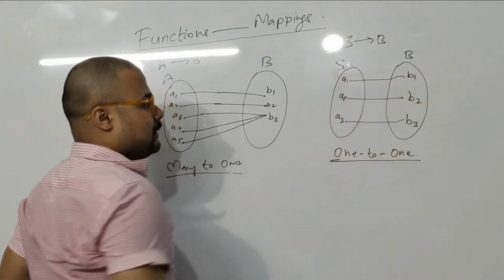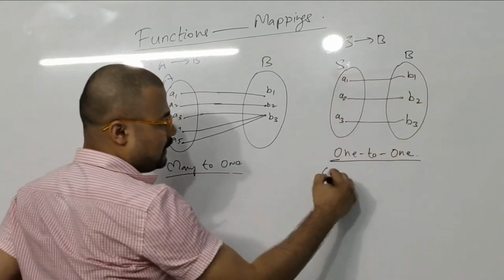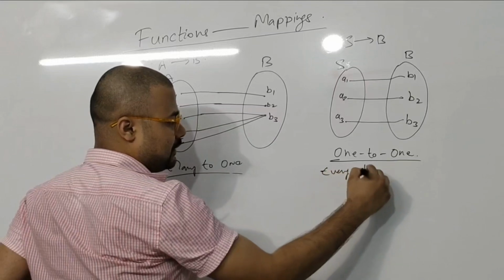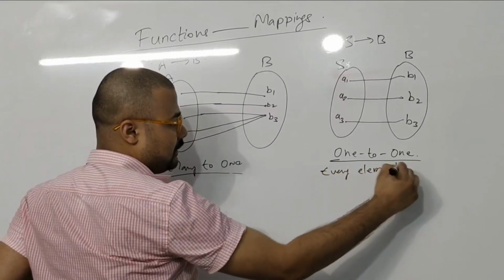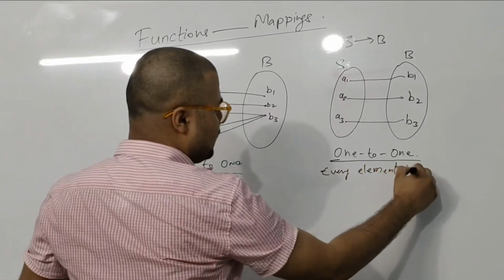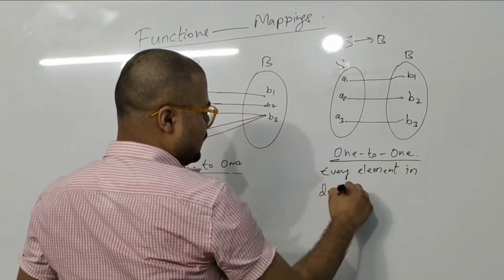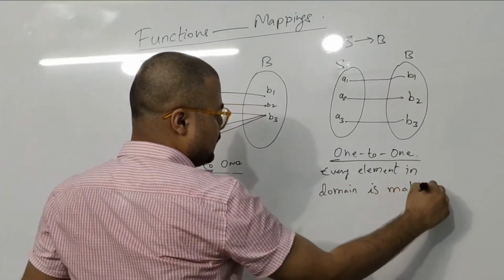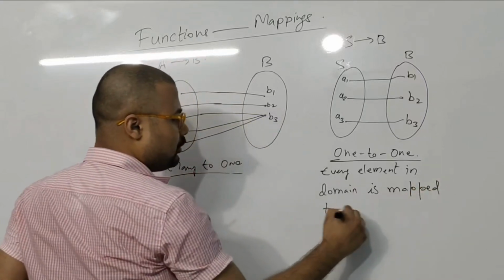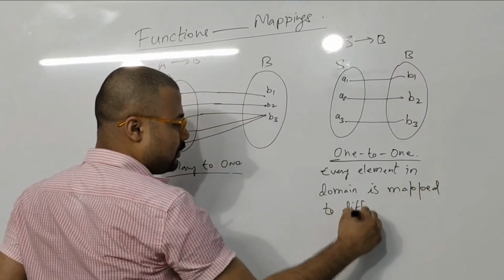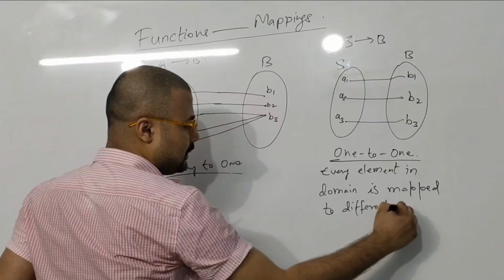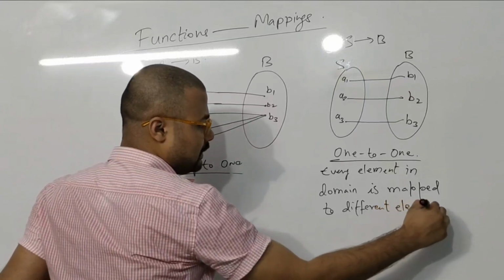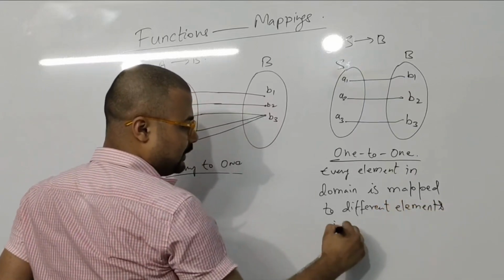One-to-one means every element in the domain is mapped to different elements in the codomain.